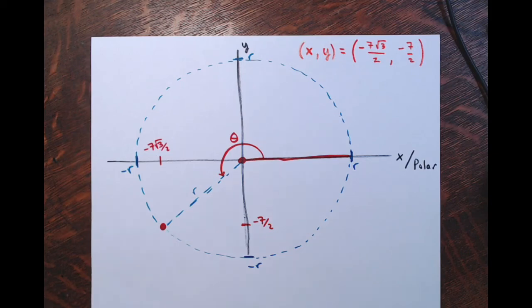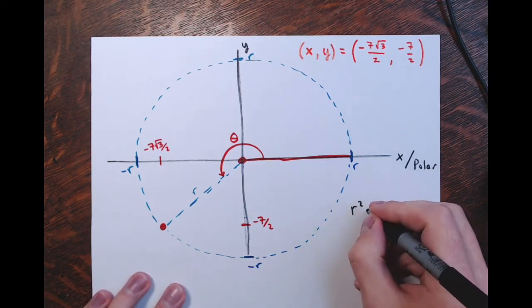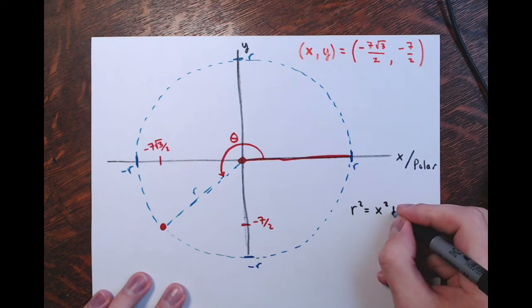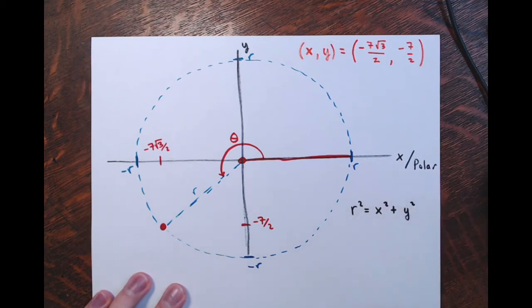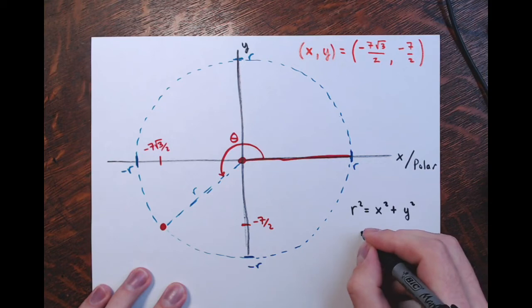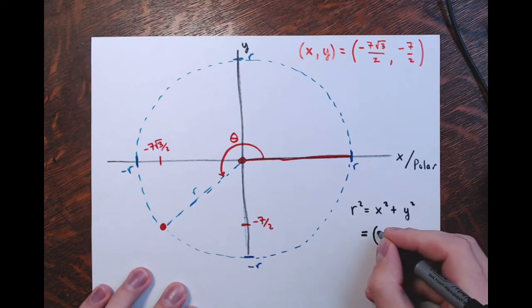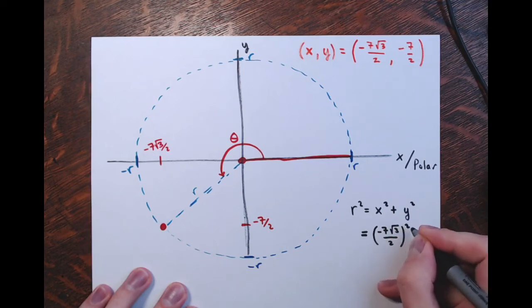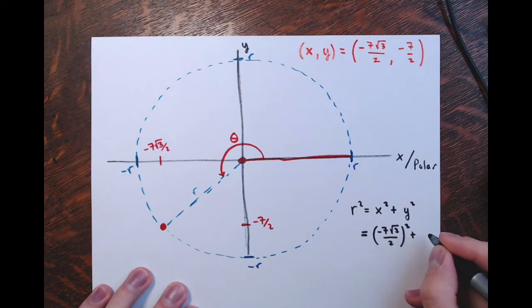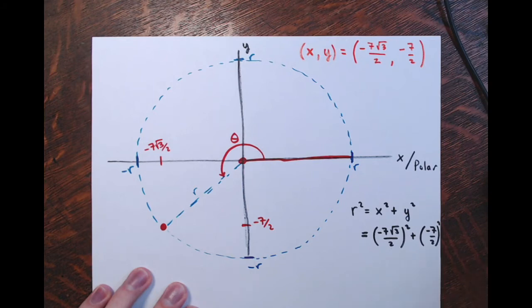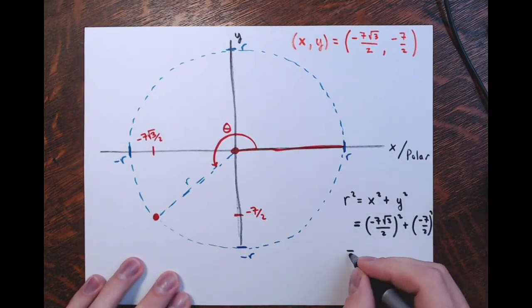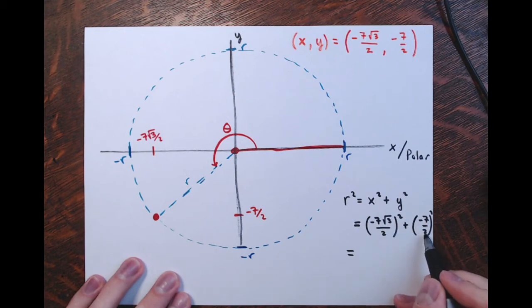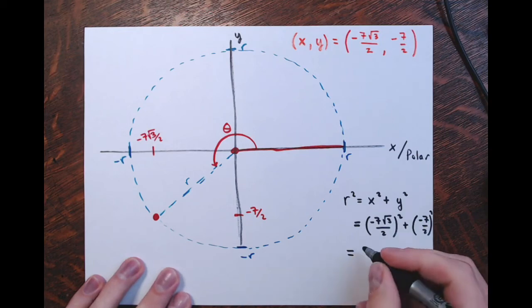Okay, so then the relationships that we're using, right? The one is, remember, r squared will be equal to x squared plus y squared. So x squared, that's this negative 7 times the square root of 3 over 2 squared, plus y squared is negative 7 halves squared. So hopefully you notice that both of these will have 49 fourths in common. There'll be 49 fourths times 3, and this will be 49 fourths times 1.